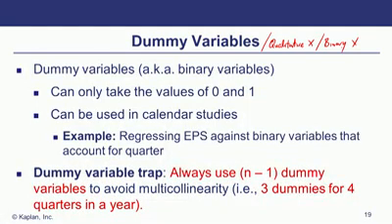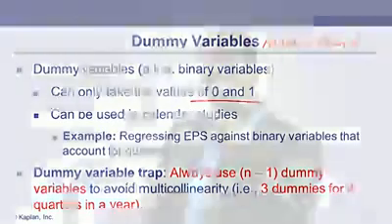Well, because they can only take 2 possible values, 0 and 1, or if you prefer, yes and no. Right. So what could be one application of this sort of variable? Well, suppose I had a regression where one of the variables I wanted was whether the company defaulted or survived. So default could come with a dummy value of 1, and survival could come with a dummy value of 0.